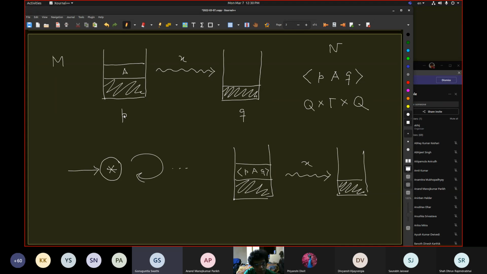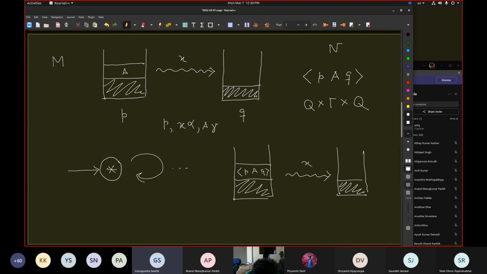So starting from P, it reaches Q after reading X. What is the current configuration of M? P, maybe I write X followed by some alpha, and I have A, gamma.